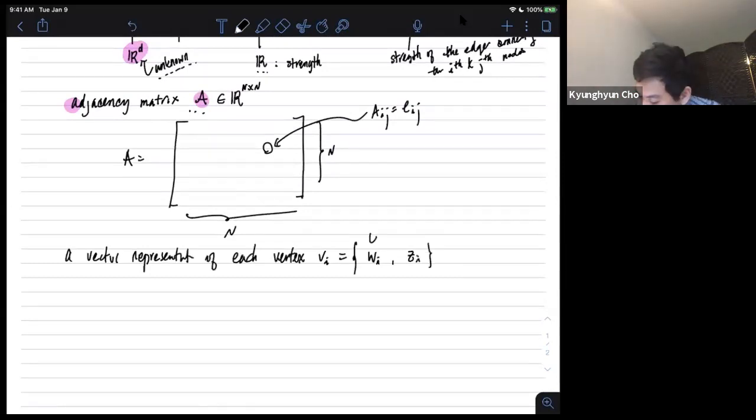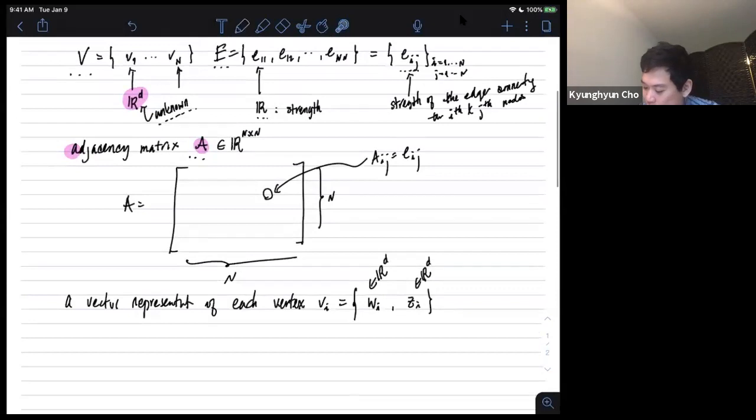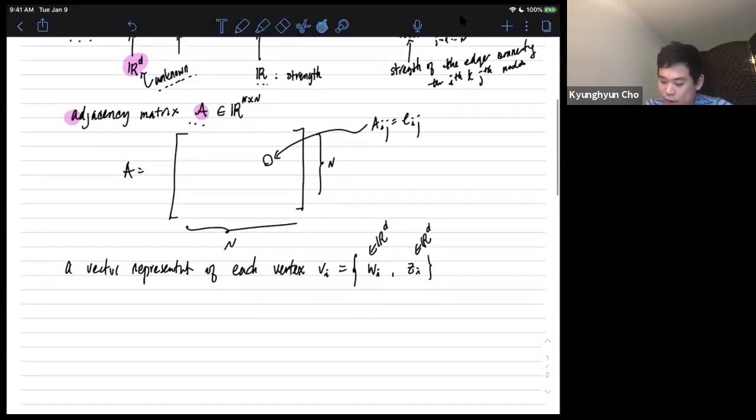Each one of them is going to be in R^d, or you can also say R^(d/2), so that the concatenation of these two vectors is just like the R^d above. But as you'll see, it really doesn't matter that much, and we're going to see why.